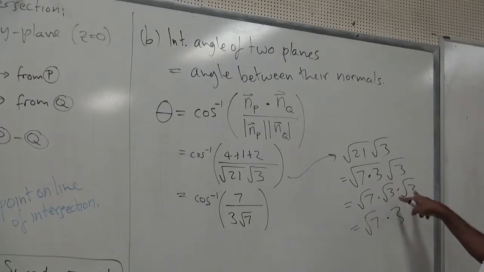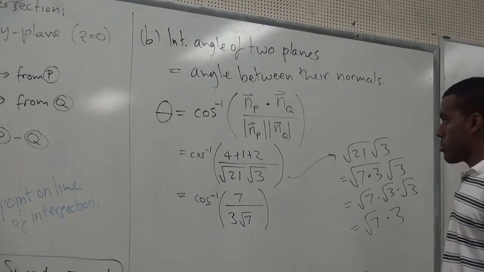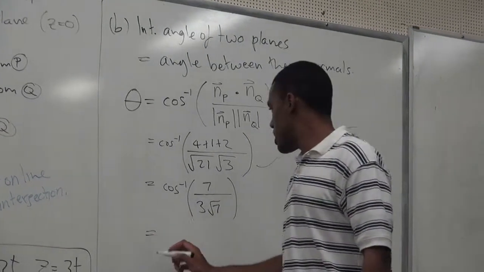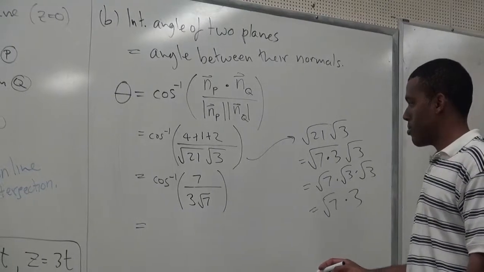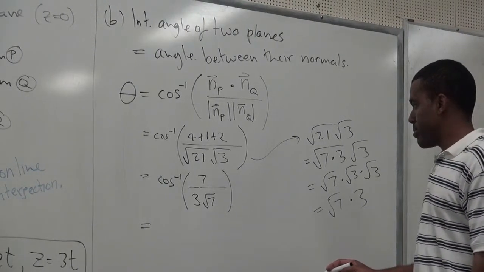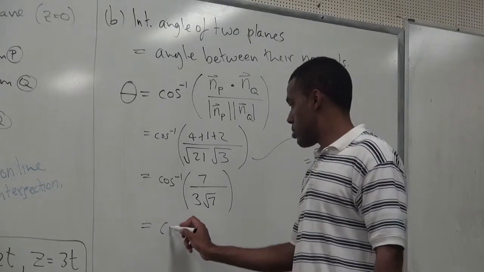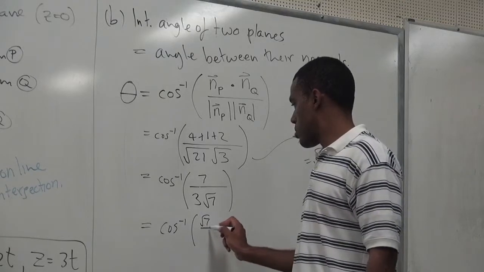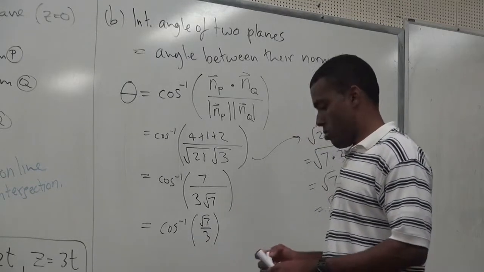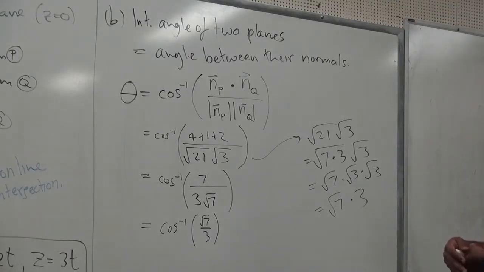Yeah, because 3 times 3 was radical 9. I thought this would have been a nice number that you can actually know when you're getting.